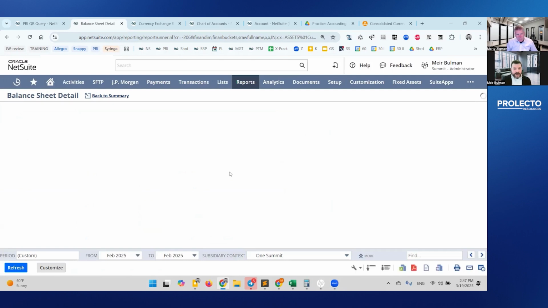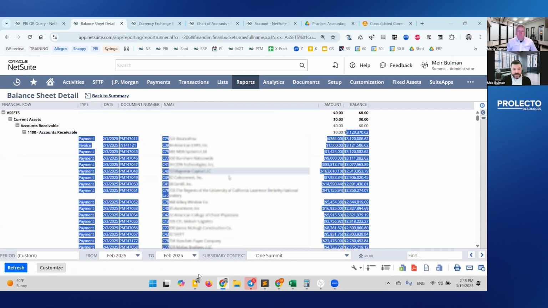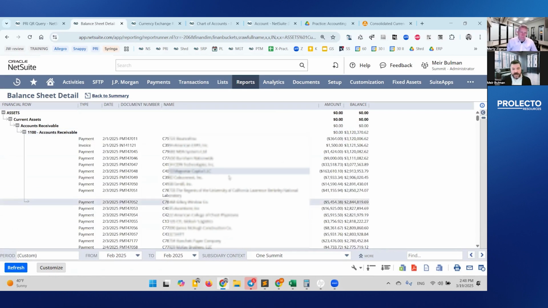What causes confusion is that my beginning balance right here, expressed in USD, won't tie out to my ending balance of the prior period, expressed in USD, for accounts that use the current rate type. The reason is that current rate type accounts are translated, the entire balance is translated.